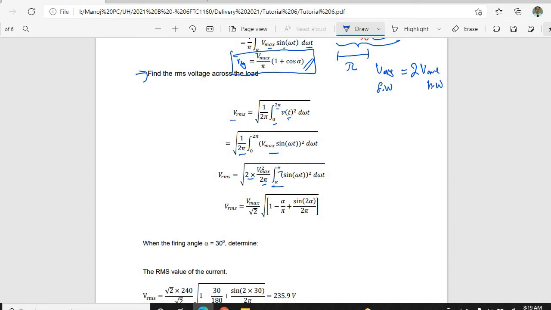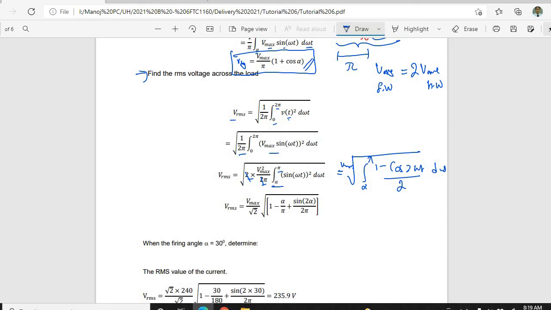So the 2 will cancel out, since we multiply by 2. Then V max we can take out, and from α to π, (1 + cos 2ωt) divided by 2 dωt.